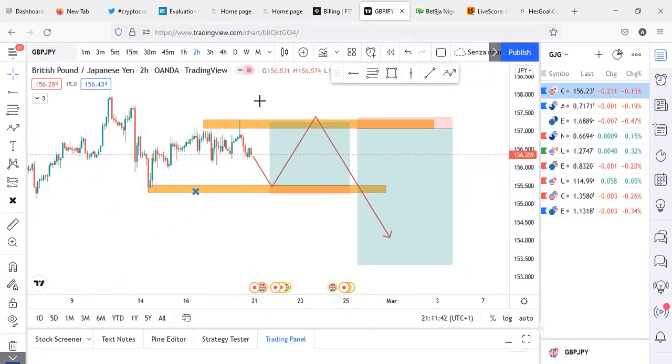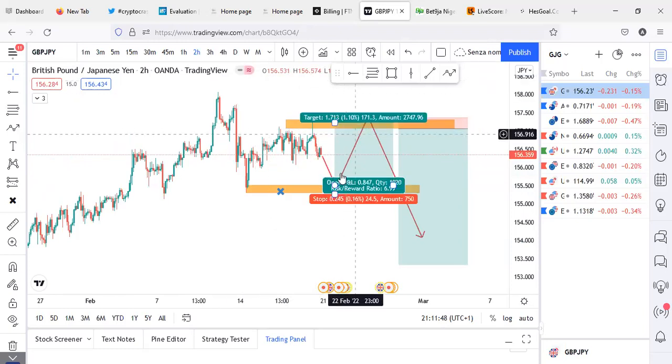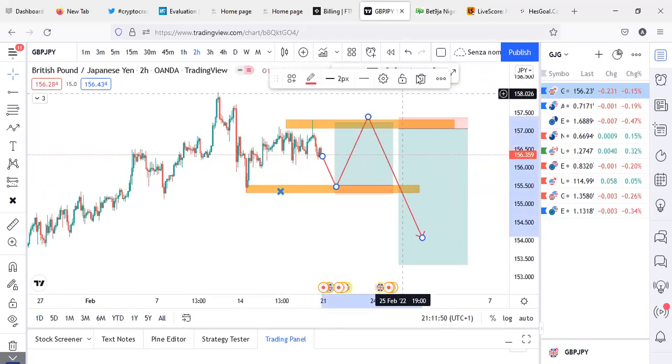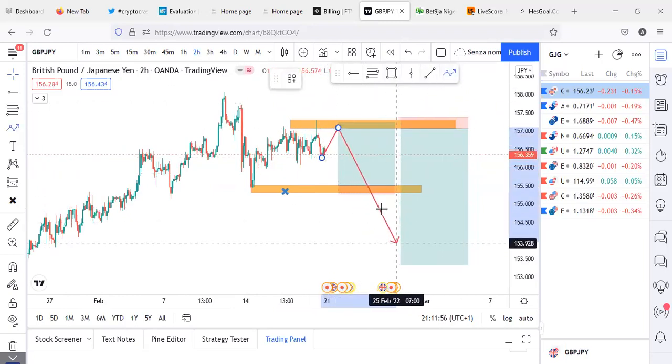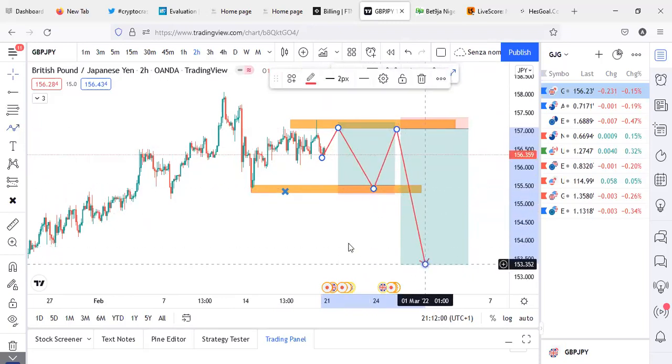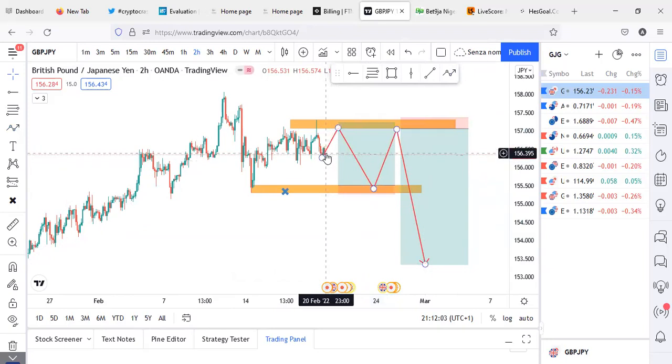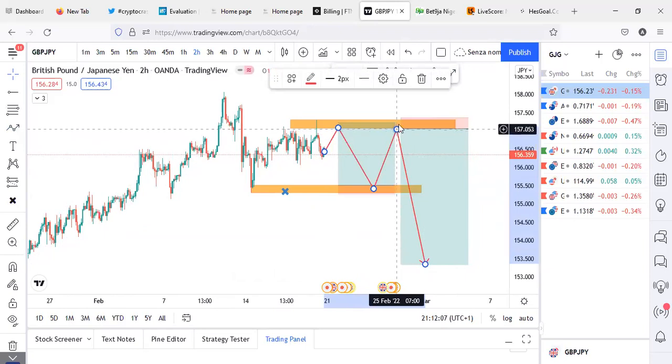So that is basically it for GBP JPY. So probably still prefer this, it can be this to sell. Anyone? Okay, let me draw both scenarios.